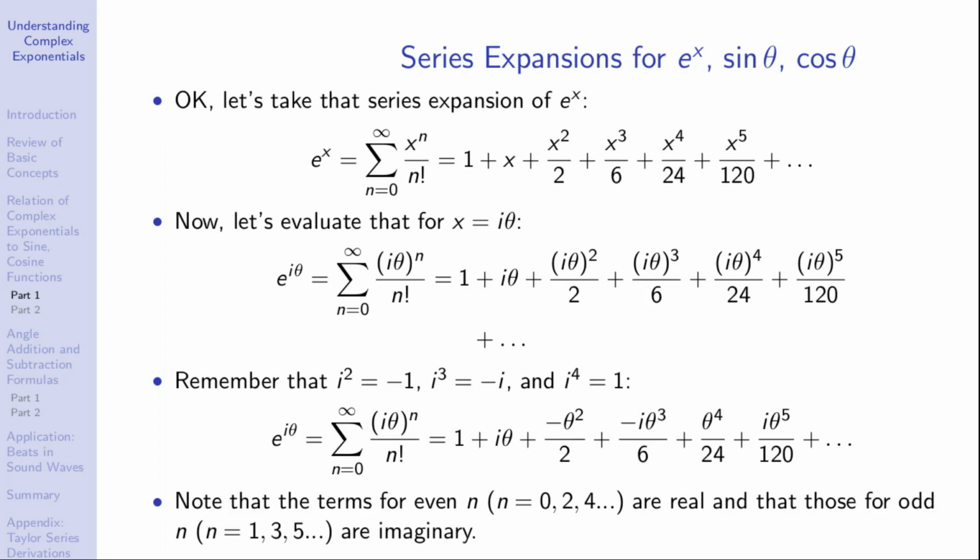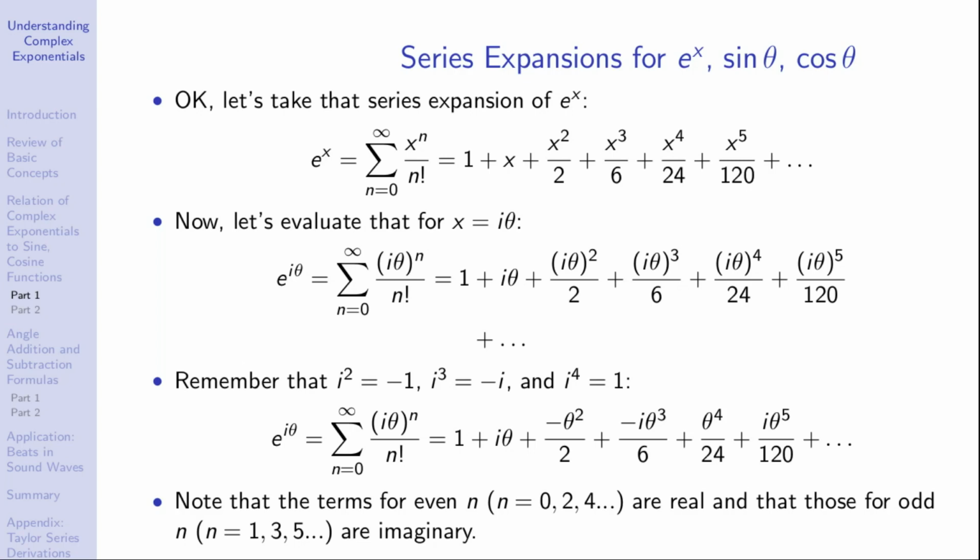Okay, let's take that series expansion of e to the x: the sum over n from n equals 0 to infinity of x raised to the n power over n factorial. And now let's evaluate that for x equal to i theta.